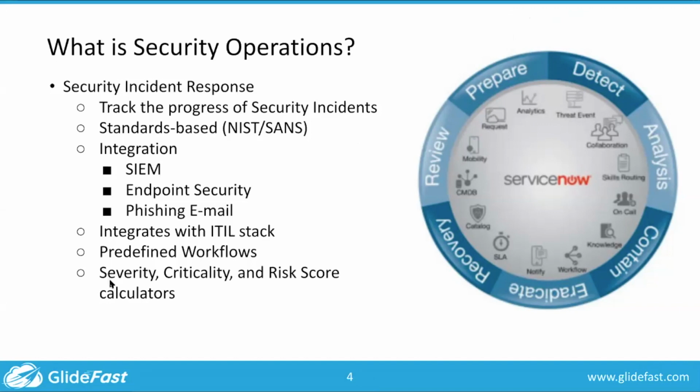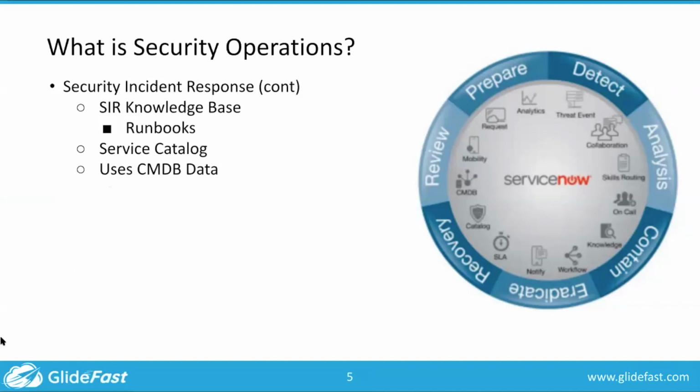Security operations also has the ability to automatically score security incidents based on severity and criticality, which, again with that CMDB integration, can pull the business criticality from the CI and score the security incident based on what CI is affected.